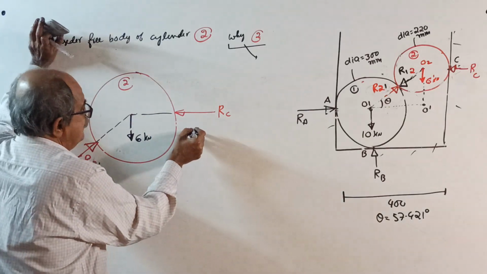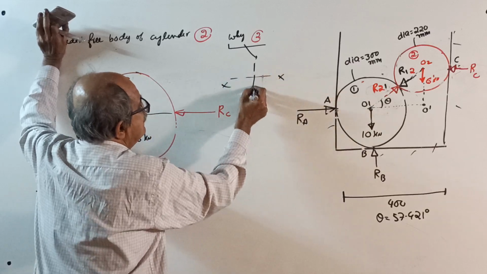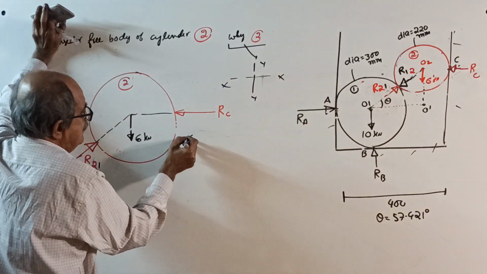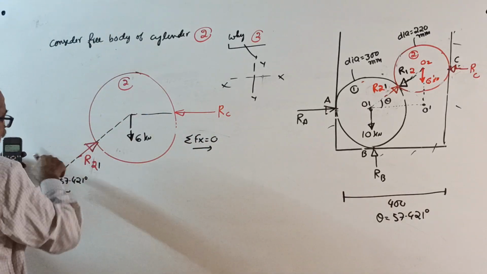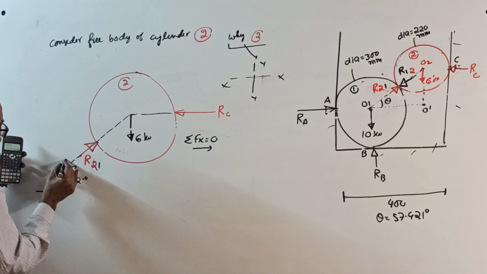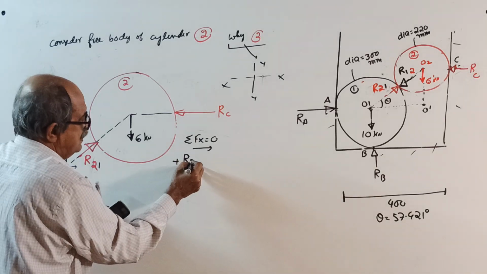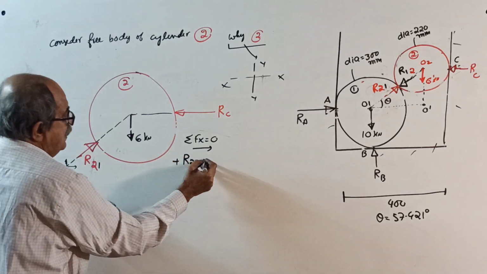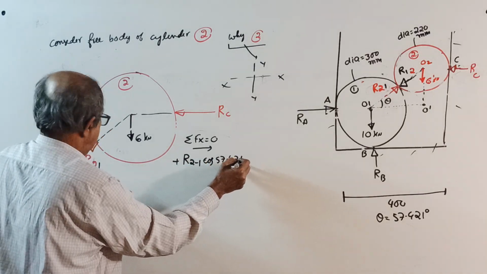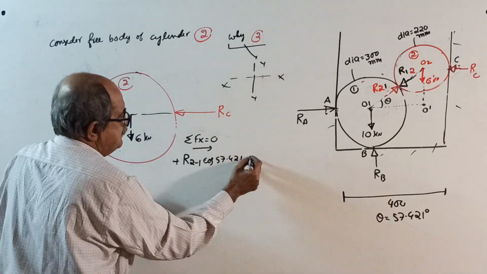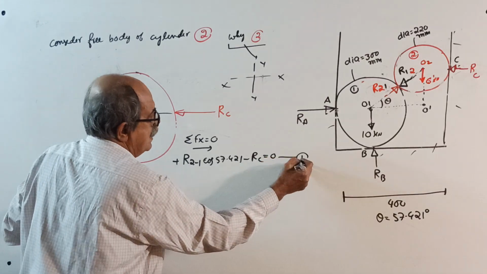Now do one thing, as usual, let it be X-X, let it be Y-Y. Sigma Fx equal to 0, right side positive. Now I should not tell all these things. Plus R21 into cos of 57.421, minus RC, that's all, equal to 0, equation number 1.